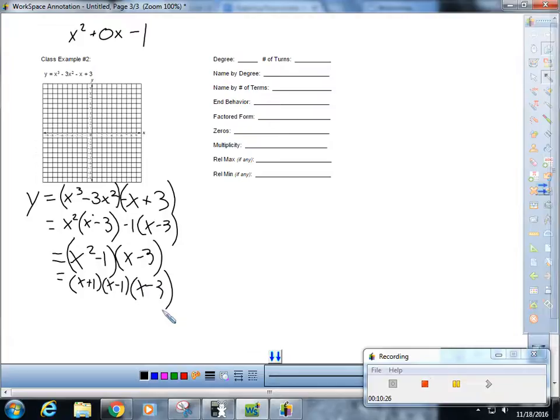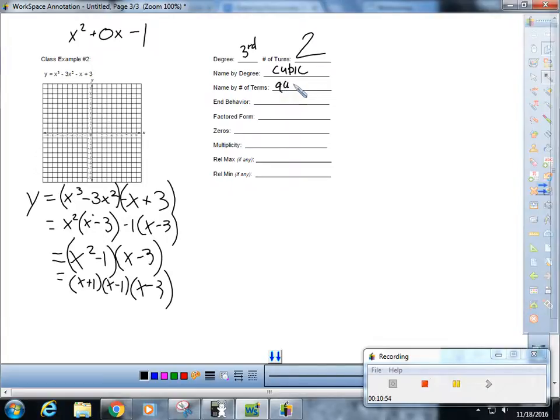Okay? All right, so what degree is this? It's third. Again, number of turns will be 2. Name by degree is still cubic. Number of terms for this one, let's see.